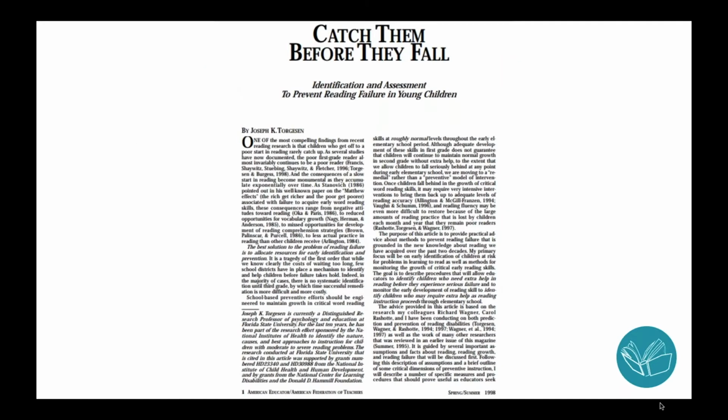This is an example of a publication from the American Federation of Teachers. This is the American Educator by Joe Torgesen, where he is summarizing reading research. He is not talking about his own research study in this particular publication, but he's providing an overall summary of lots of different studies and drawing some conclusions, his own conclusions about that.